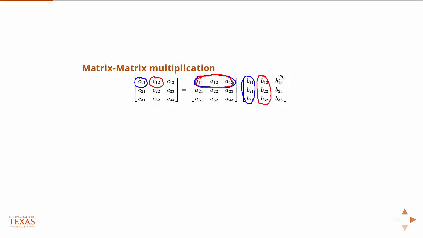And then the third column of B with the first row of A to get C13.